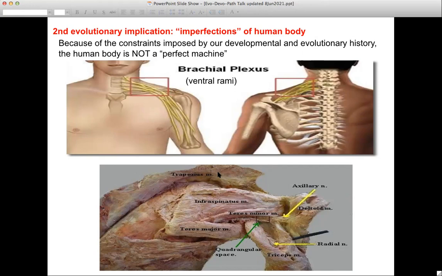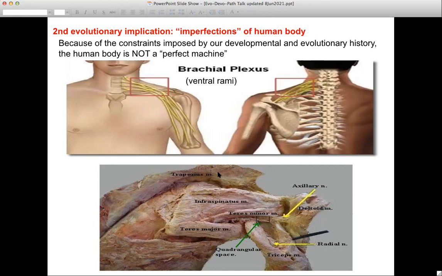It makes no sense. If it was an engineer, of course, you would do the nerves going from the dorsal rami. But why is that the case? Because of evolution. We have to understand evolution. In fish, the muscles are mainly ventral of the pectoral fins. Then in evolution and in embryology of humans and other mammals, they migrate dorsally and take the nerves with them. And so the nerves can use very strange paths that can be very dangerous, like the axillary nerve.